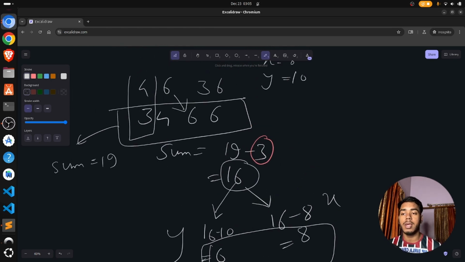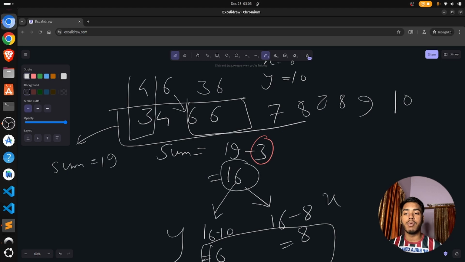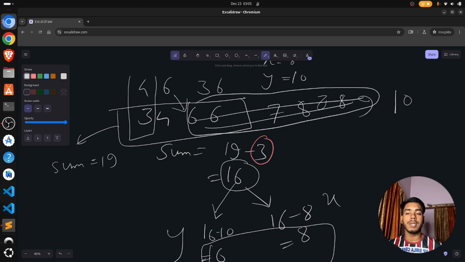Okay, so between 6 and 8 you will be calculating the range, and as it is a sorted array, if you have other numbers like 7, 8, 9, it will be sorted like this. So you can remove all these numbers, and all of them will give you a valid pair.